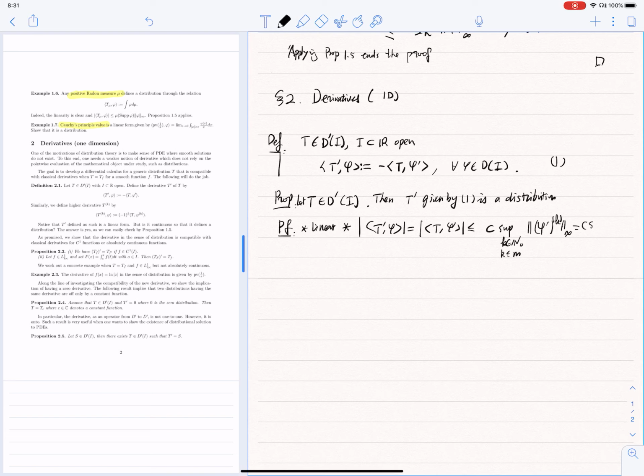So we get m plus 1, and the k uniform norm. So we are done. The only thing that's different is here, because we rewrite this derivative with one more derivative. So still this proposition, proposition 1.5, implies the result.